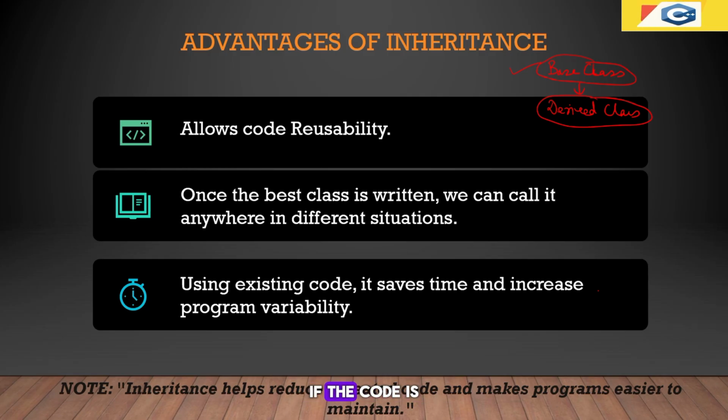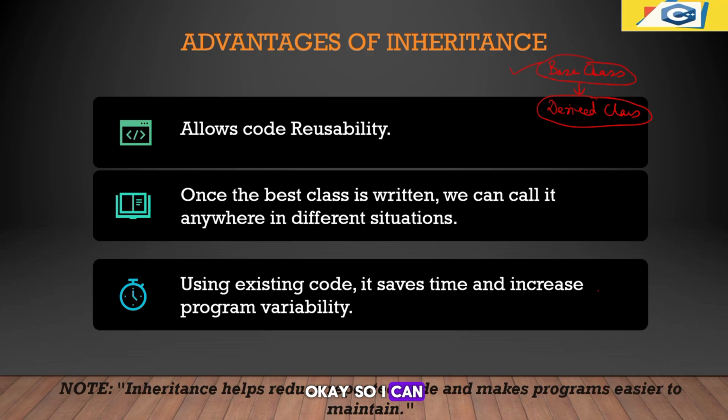If the code is already written, and I want to use some properties or some methods of that code, or the entire code, or just a part of that code, I want to use it in my new class, in my new program.